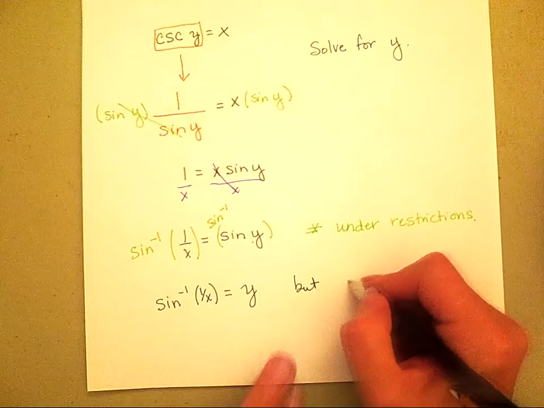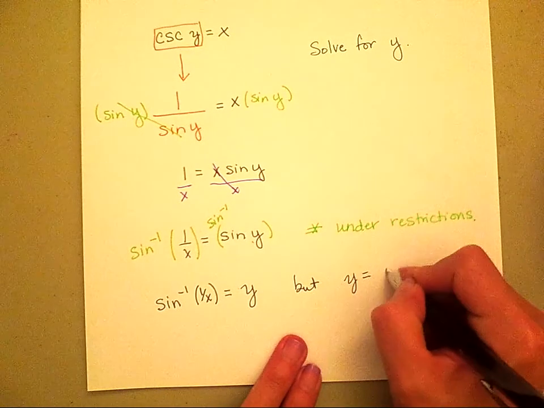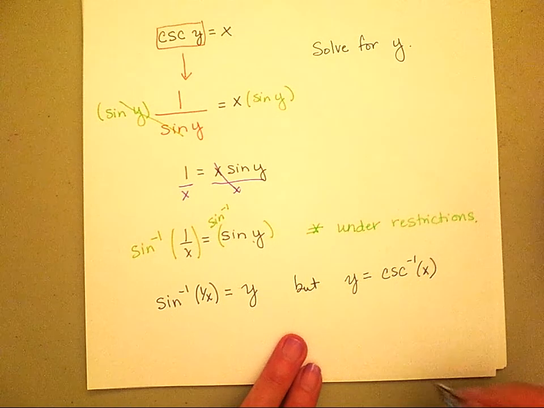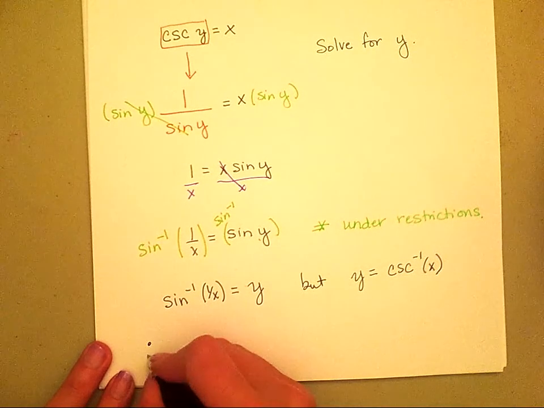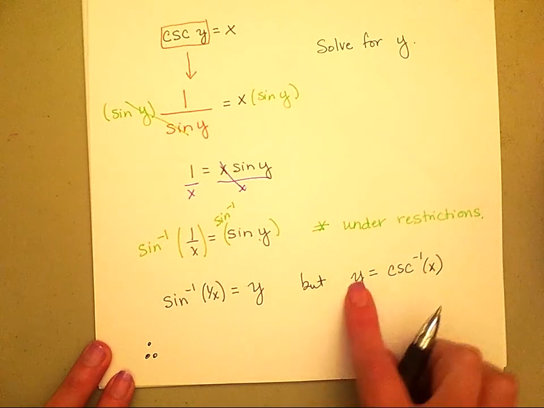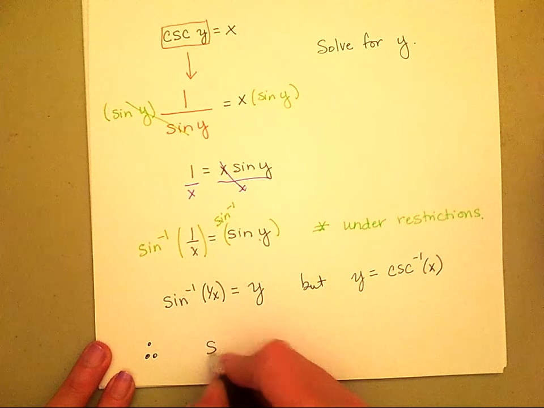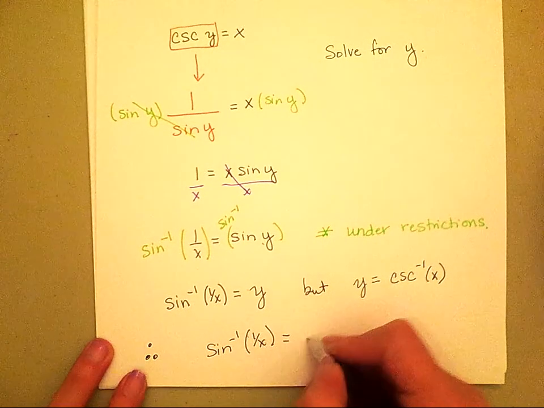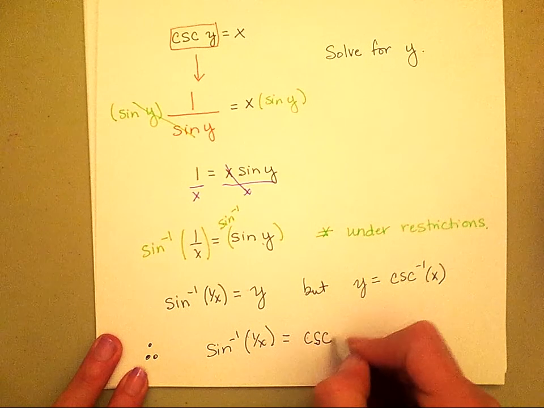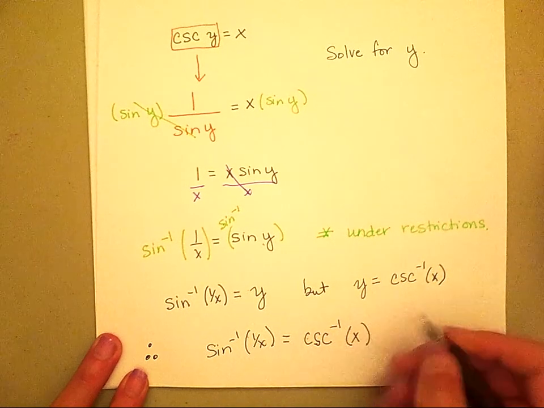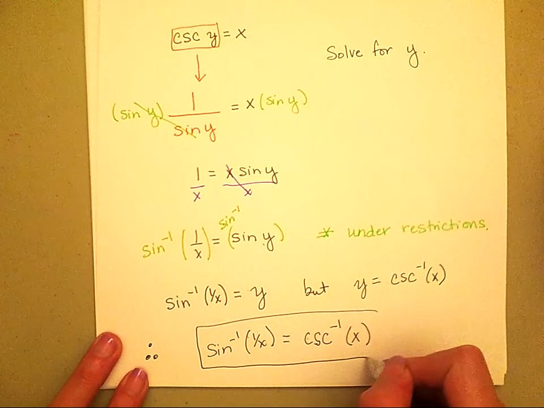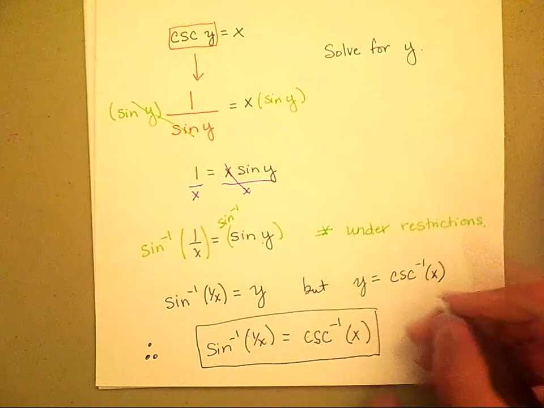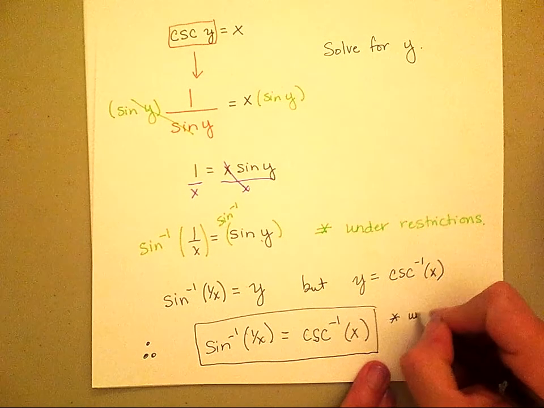But we also saw from up top that y was equal to the inverse cosecant of x. So if this equals y and this equals y, then the inverse sine of 1 over x must be equal to the inverse cosecant of simply x, under restrictions.